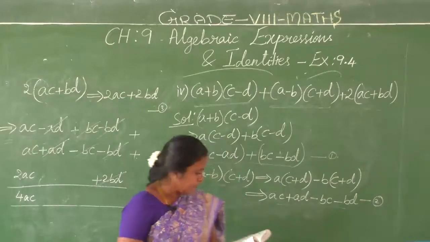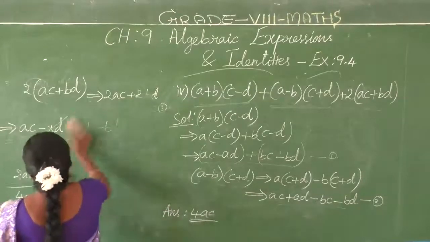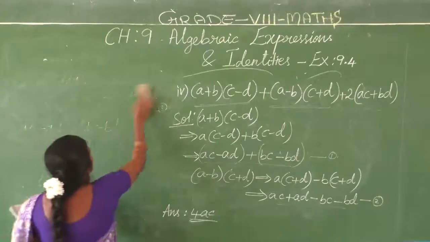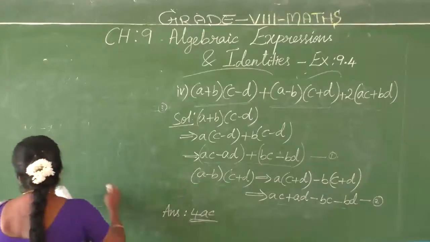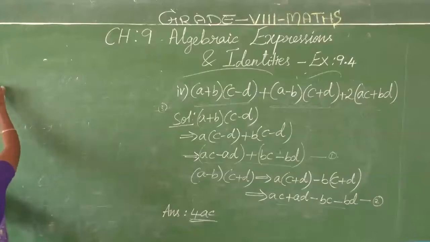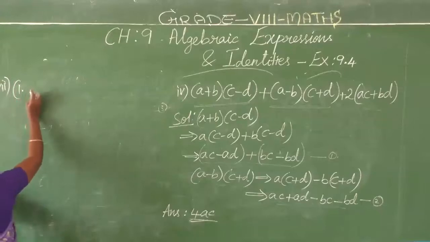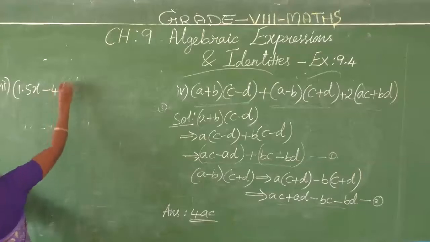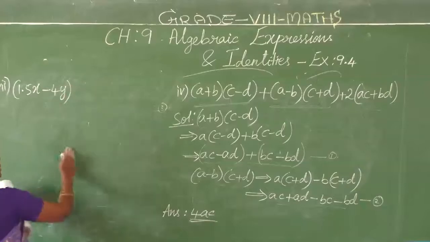See one more question. Seventh one, 1.5x minus 4y. A 1.5 decimal coefficient is coming, so I took this sum for explaining.